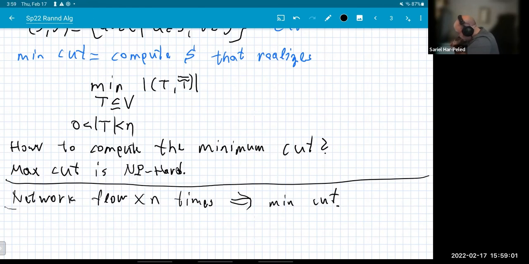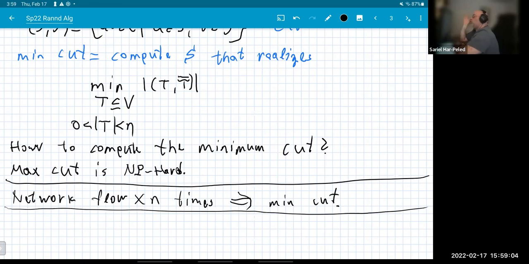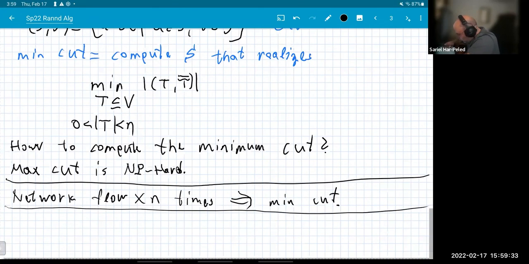But that's pretty expensive, and it's also complicated, because presenting network flow and proving a polynomial time algorithm for network flow is essentially 2 lectures, right? So I'm going to present an algorithm for min cut which is extremely simple.